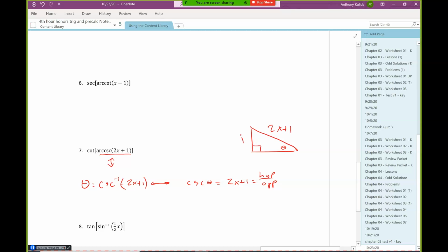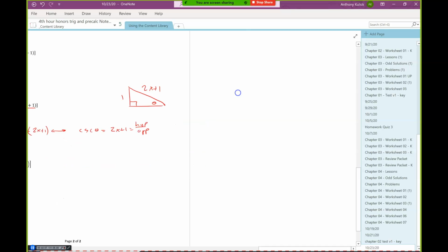So 2x plus 1 squared, I have to do 2x plus 1 times 2x plus 1. So when I FOIL that out, I get 4x squared plus 4x plus 1. And when I subtract 1 from both sides, I get this. And we'll square root both sides.